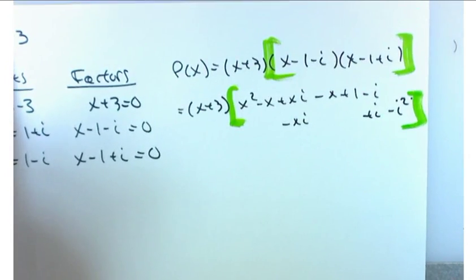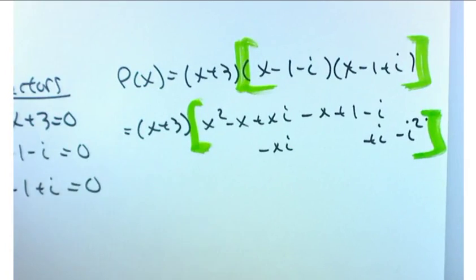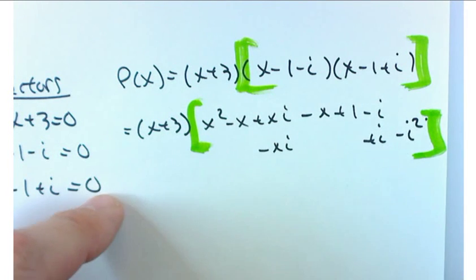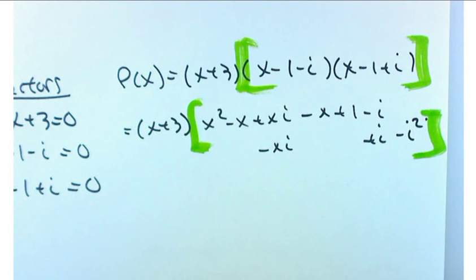Let me zoom in a little bit, right? So all I did is I distributed. Now, I was a little bit thoughtful as I distributed the last terms. In what way was I being thoughtful?